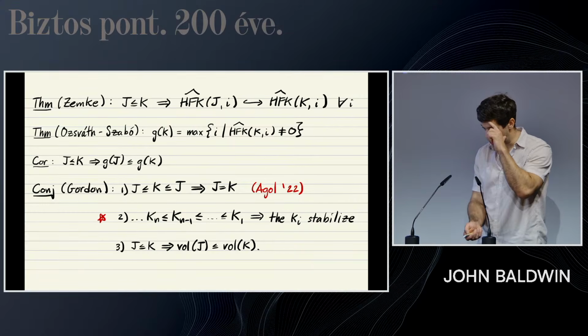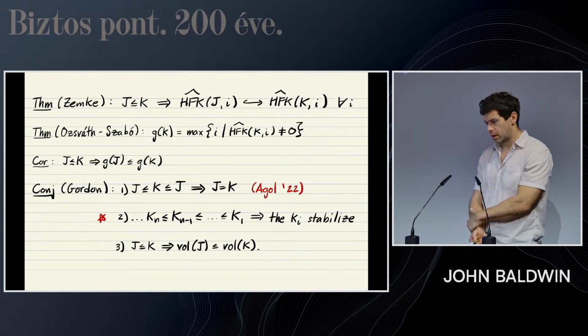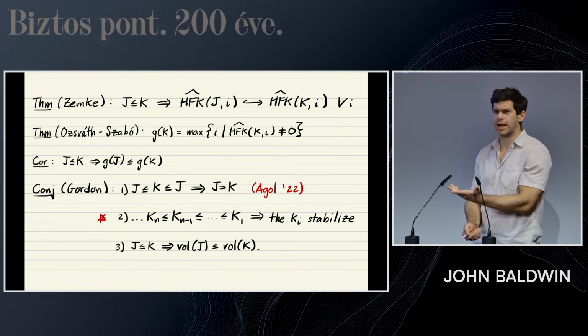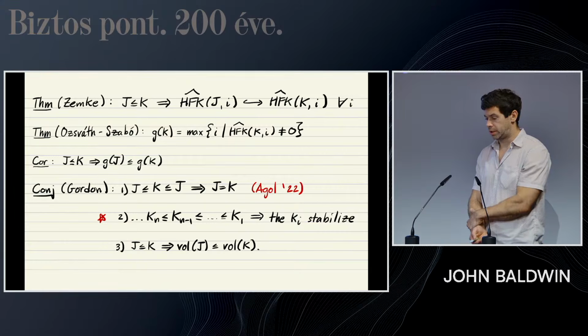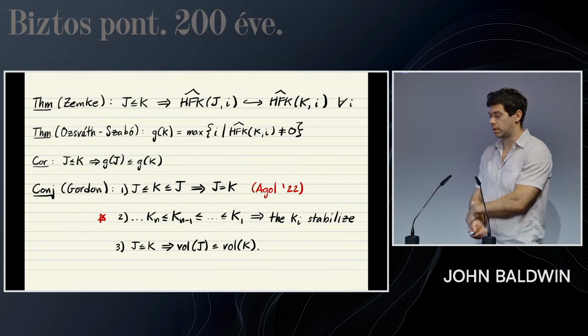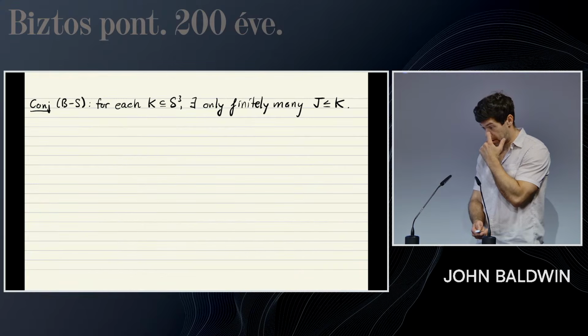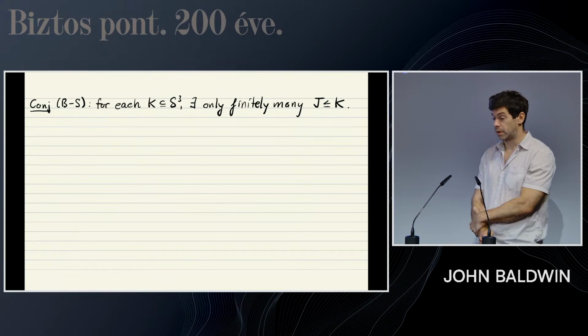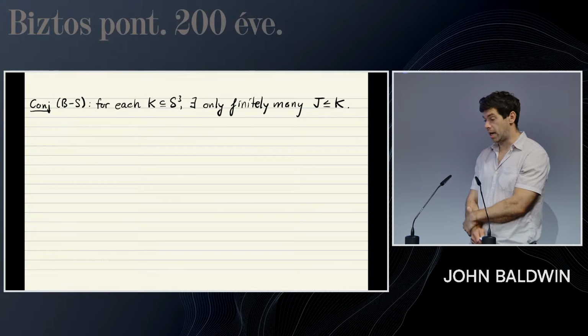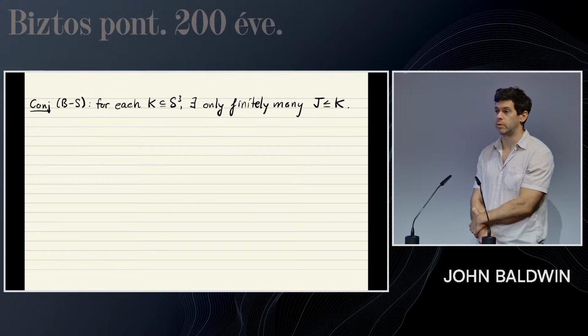So when I was thinking about this last summer, I realized that there's a much simpler thing you could ask, which is just given a knot, let's say K1, can it have infinitely many ribbon predecessors to begin with, whether or not they fit into a chain like this? And so that's the conjecture that Stephen and I first started to investigate. For each knot K, there are only finitely many J that are ribbon concordant to K.